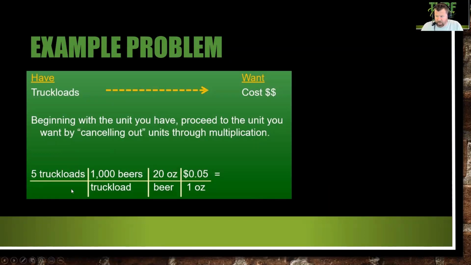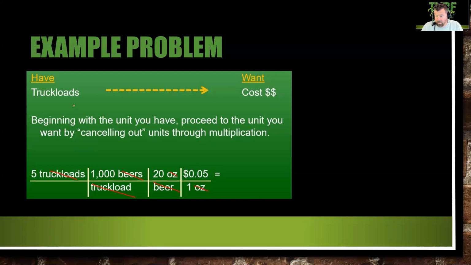But with our 5 truckloads, there's 1,000 beers per truckload. There's 20 ounces in a beer, and then each ounce costs a nickel. So if we do, we'll get us a pen right here. We can cross out the truckloads, the beers, the ounce.